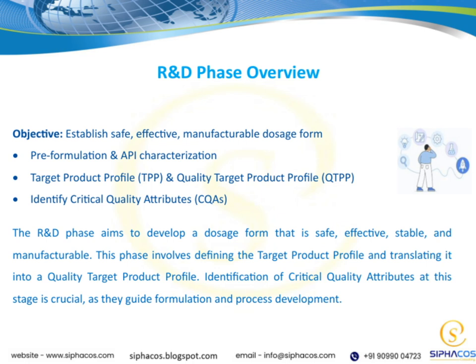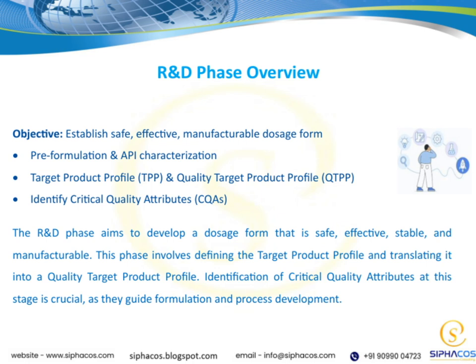Next, we define the target product profile, which outlines what we want the final product to achieve, and then translate that into a quality target product profile, or QTPP, which focuses on the quality aspects we need to ensure. A critical part of this phase is identifying the critical quality attributes, or CQAs.